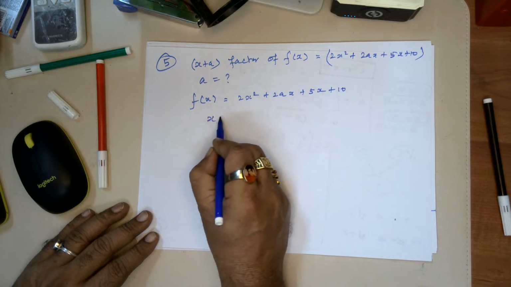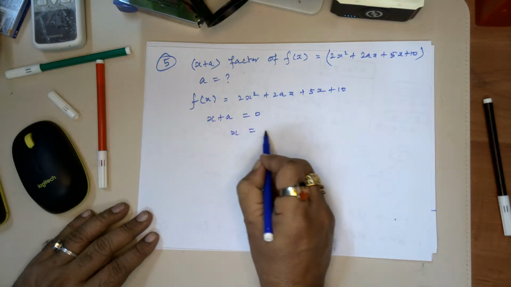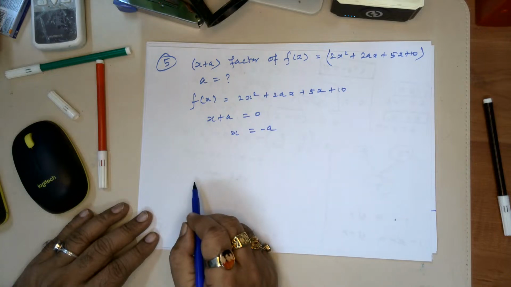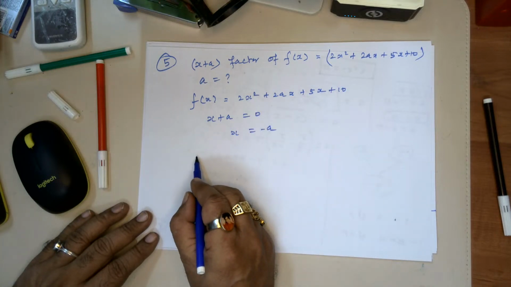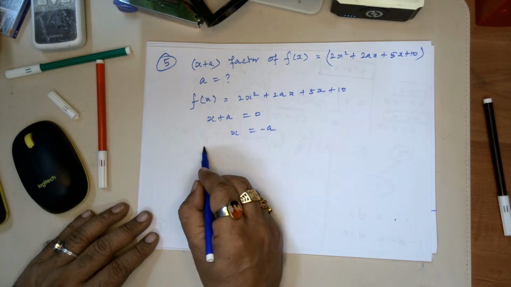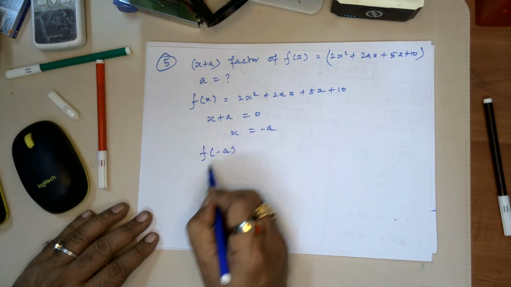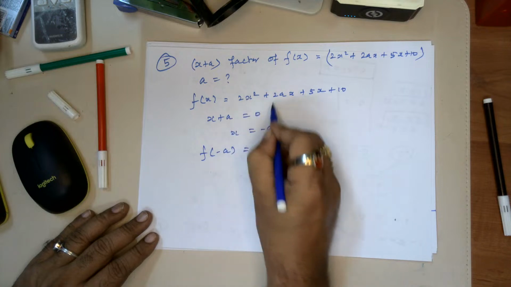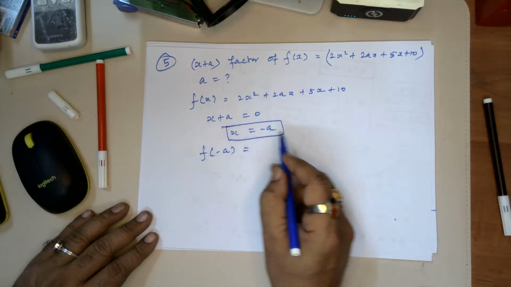So let us put x plus a as 0. Therefore, x is equal to minus a. So we can adopt the factor theorem here. Therefore, instead of x, let us put f of minus a. F of minus a means in place of x, you have to substitute minus a.